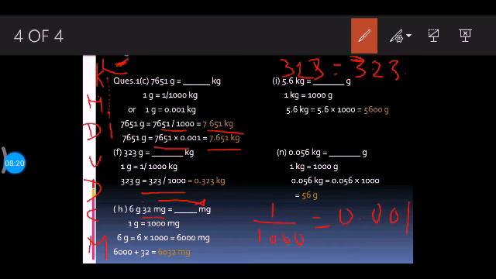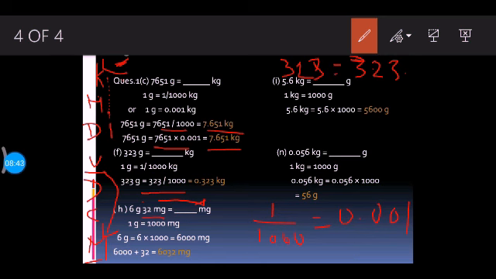Now look for gram and milligram. Our gram is base unit, so it is here, and milligram is here, right? That means I have to move in downward direction, from bigger to smaller unit. That means I am multiplying in this case, and I have to take 3 steps downward.